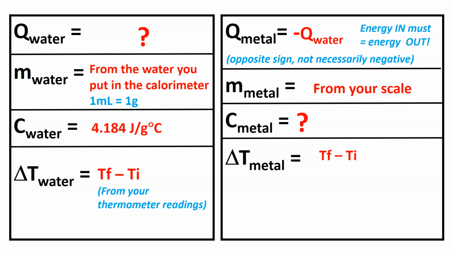If I leave that metal cube in the boiling water long enough, eventually the entire metal cube will get to 100 degrees. So my final temperature is from the water, and my initial temperature is actually 100 because I was boiling that cube in water.